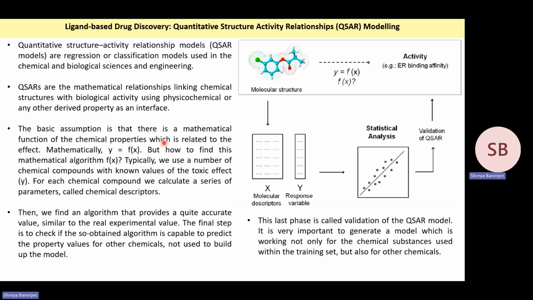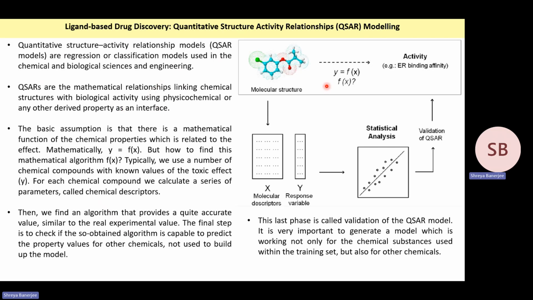So now we will look at ligand-based drug discovery and QSAR modeling. Quantitative structure activity relationship models or QSAR models are regression or classification models used in chemical and biological sciences and engineering. Basically, QSARs are mathematical relationships linking chemical structure with biological activity using physicochemical or other derived properties as an interface.